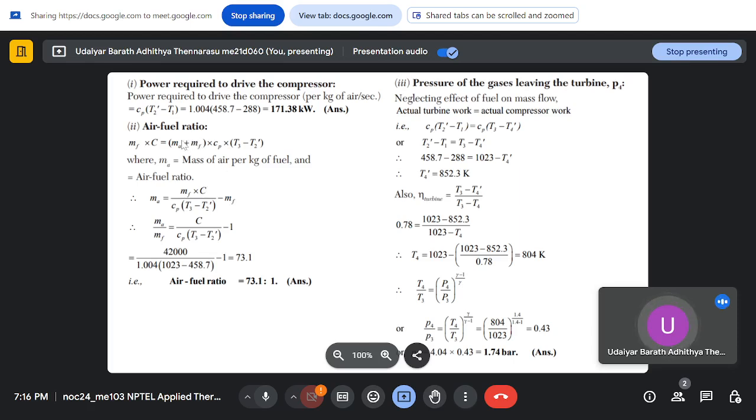Here Ma plus Mf is taken together, or else you can take the inlet and exit streams, just like what we did in the previous problem. It will also give you approximately the same values. So the air fuel ratio Ma equals Mf into C divided by Cp into T3 minus T2 dash, minus Mf.